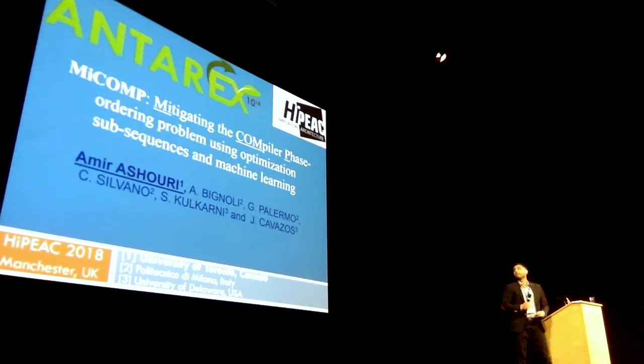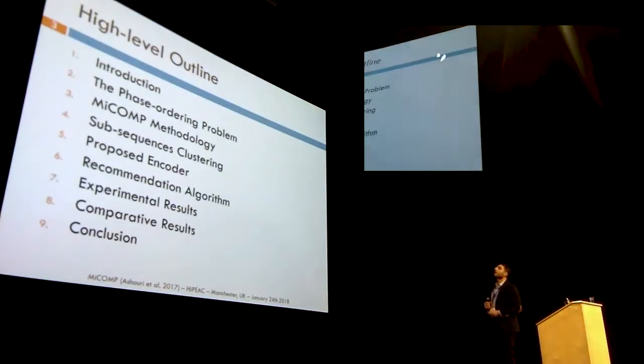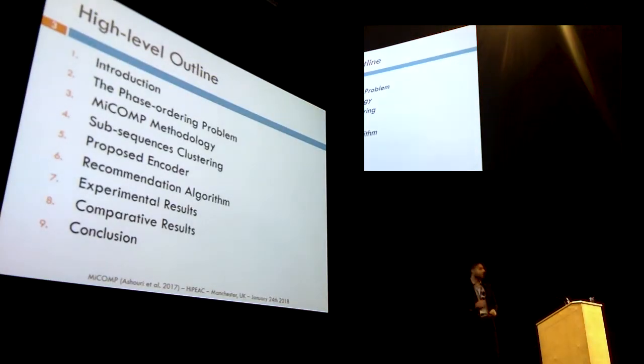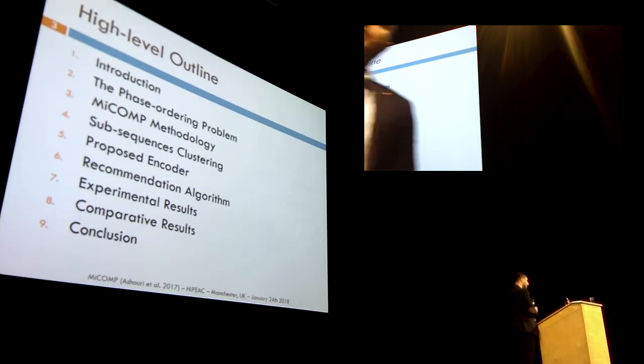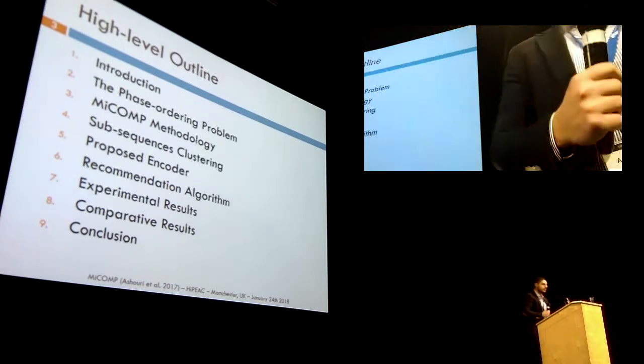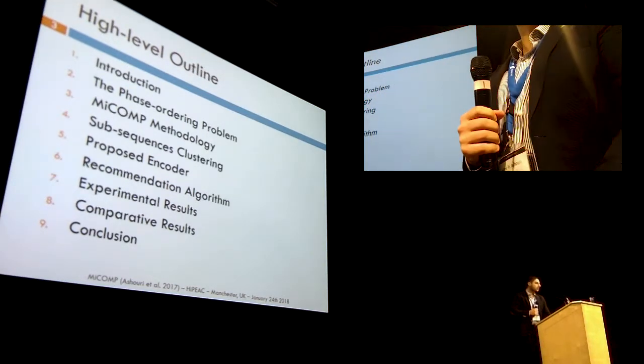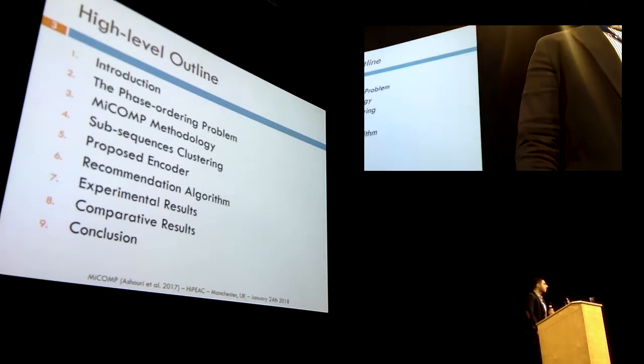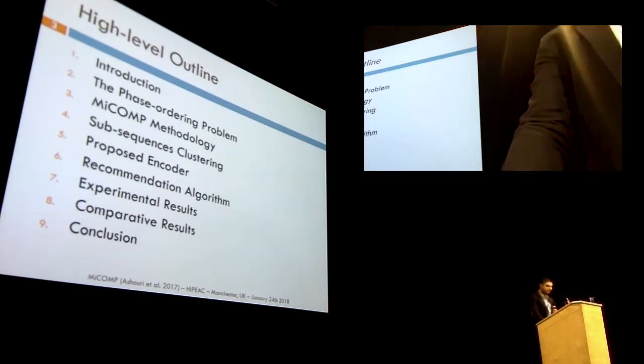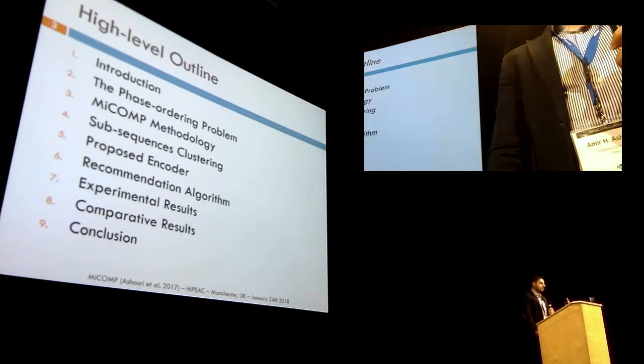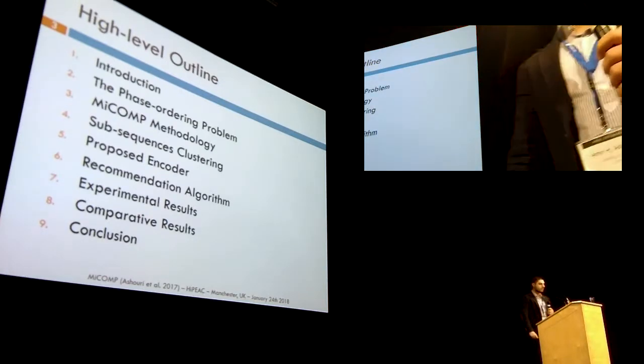All right, so this is the high level of my presentation. At first, I'm going to start with an introduction of the major problems we have in the compiler auto-tuning field, and then I'll explain the MiCOMP methodology.